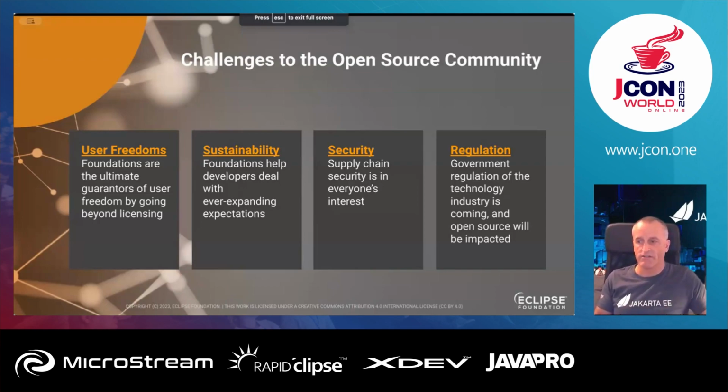We take care of the sustainability part of it, so these projects don't go away unless you really want them to go away. We have the supply chain security in place, and we're looking at how we can support the open source developers and vendors and companies contributing by taking care of this government regulation coming our way. So the impact on the individuals will be as minimal as possible.